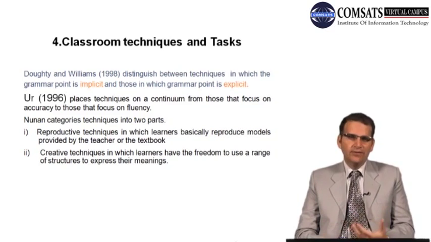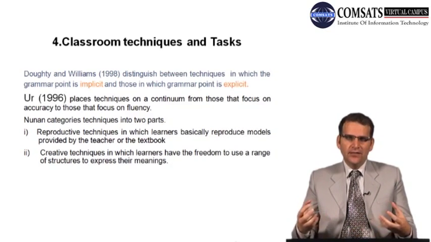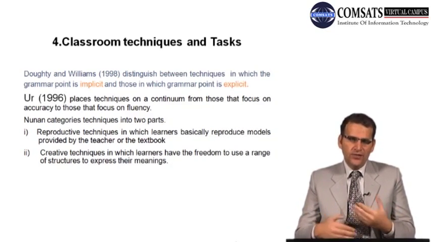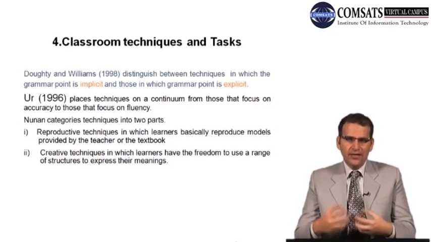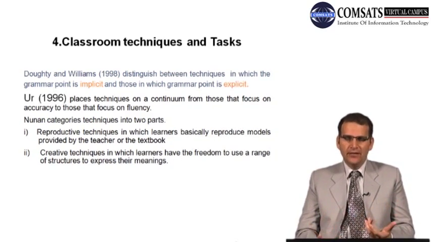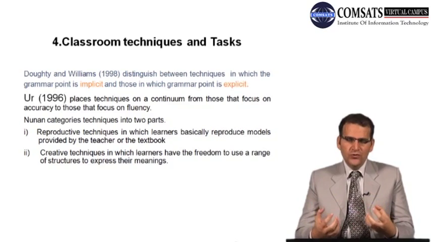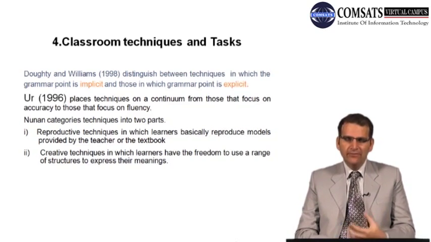So they are reproductive techniques: the teacher provides the rules and the students simply reproduce them. And the second one is creative techniques. Now, dear students, very simple. What is it? Students are able to create ideas, in which learners have the freedom to use a range of structures to express their meaning. This is called a creative technique.